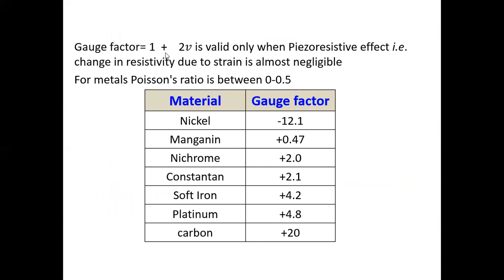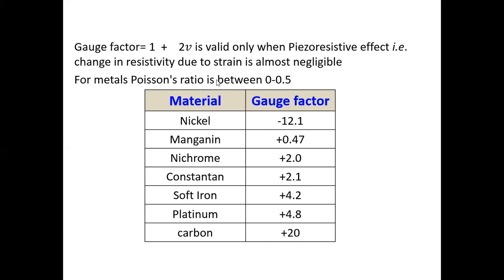The gauge factor equal to 1 plus 2V is valid only when the piezoresistive effect, that is the change in resistivity due to the strain, is almost negligible.